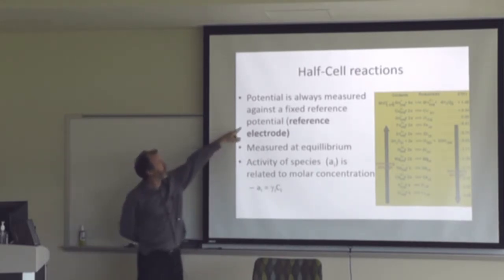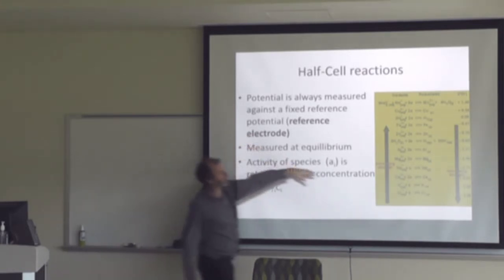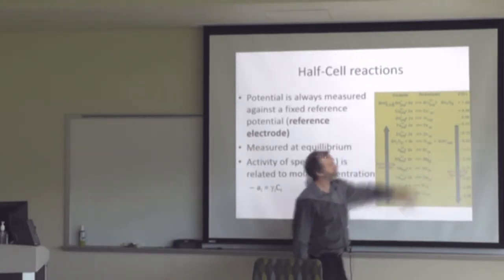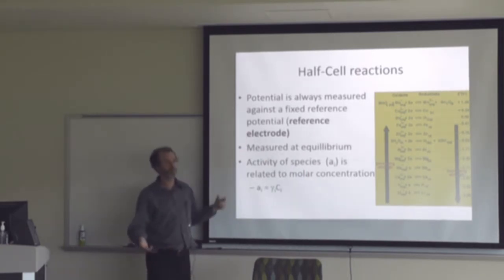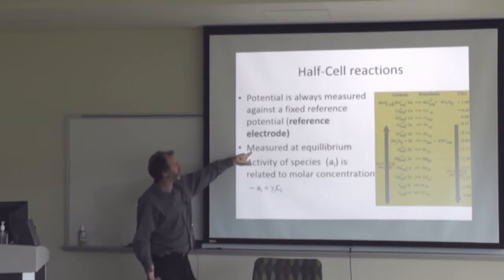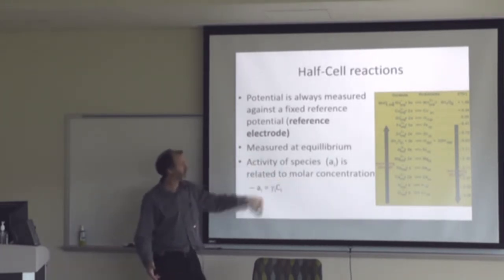So potential is always measured against a fixed reference potential, and typically they give you these tables. They use the standard reference electrode, which is your hydrogen electrode, which is really not very practical for us in a lab to have set up. These are measured at equilibrium, and the activity is related to the molar concentration via this equation here.